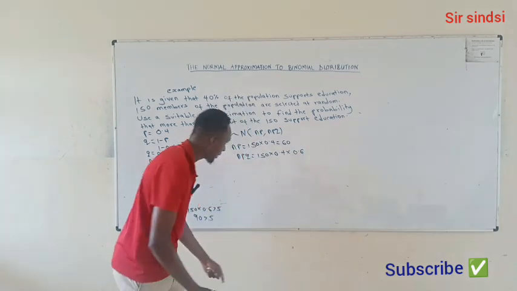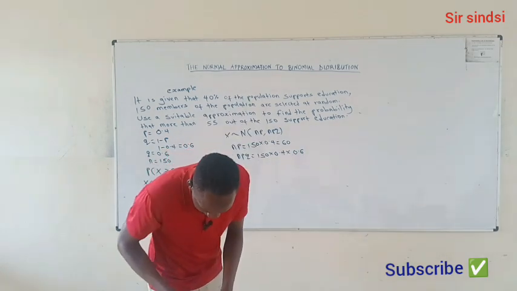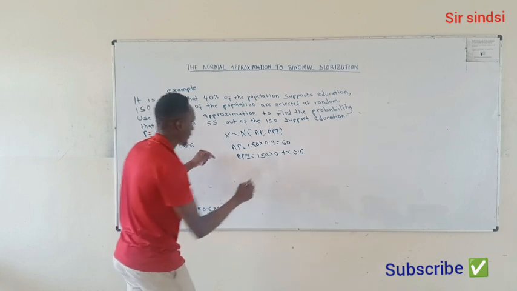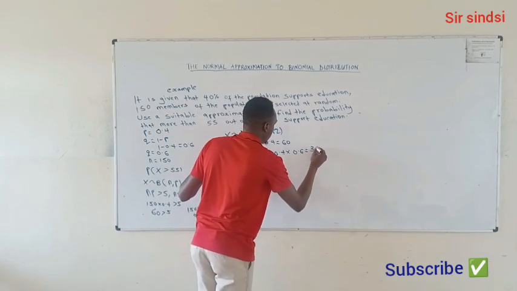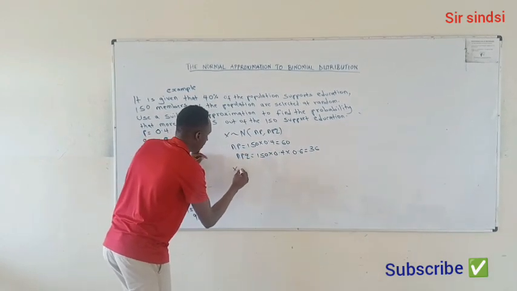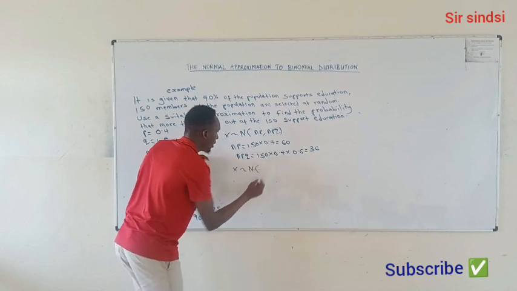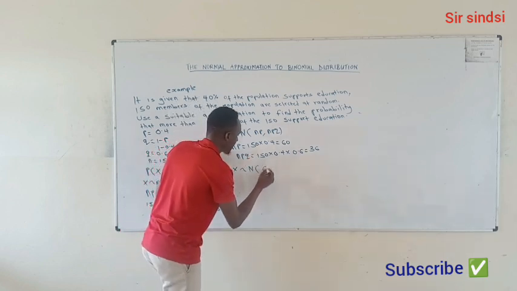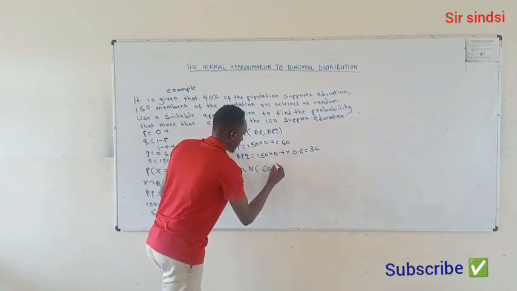When we multiply that, we have 36. So our X is now assumed to be normally distributed with mean 60 and variance 36.